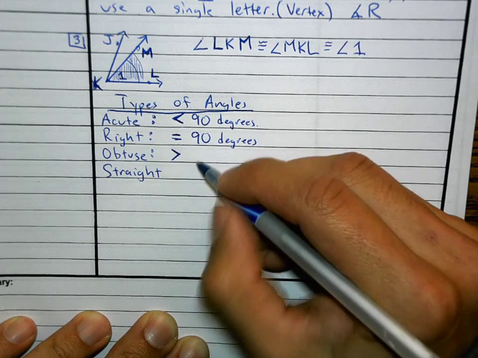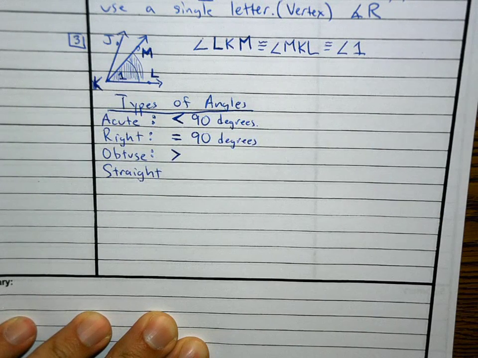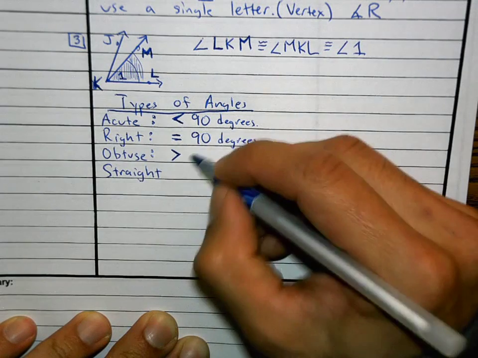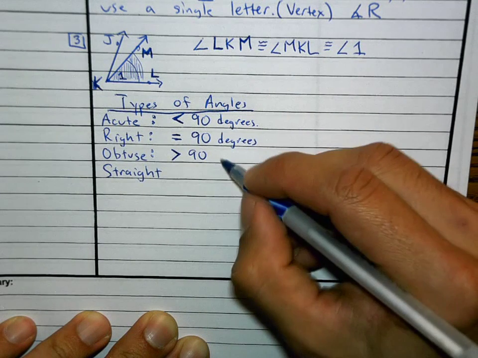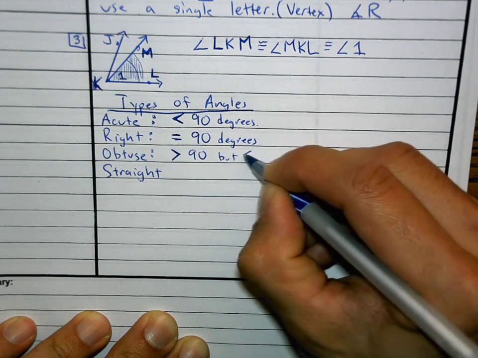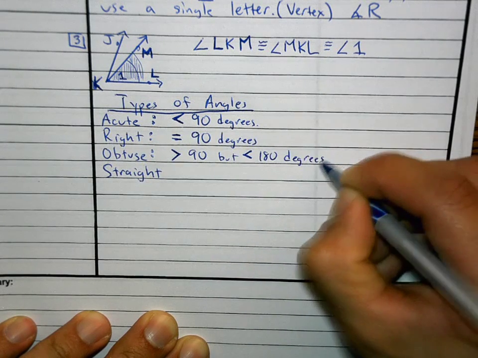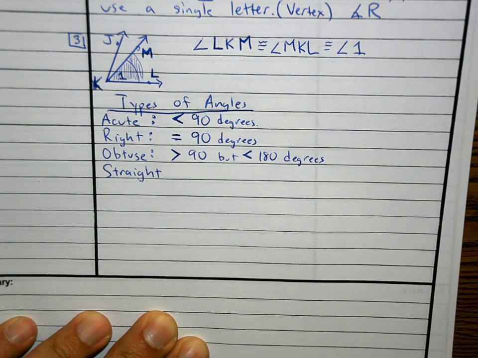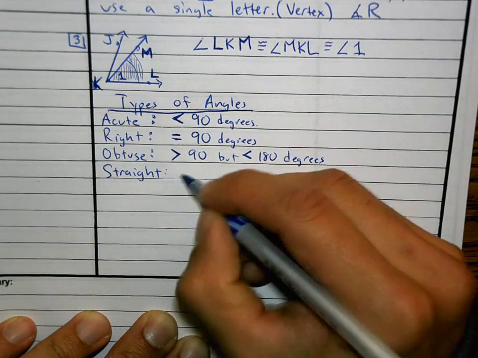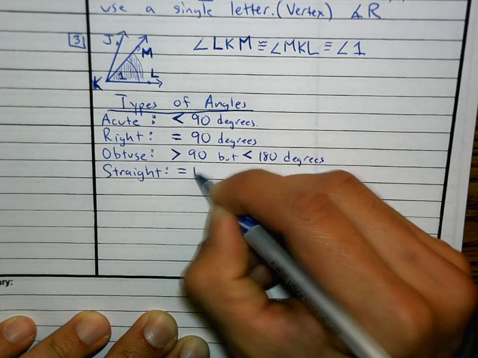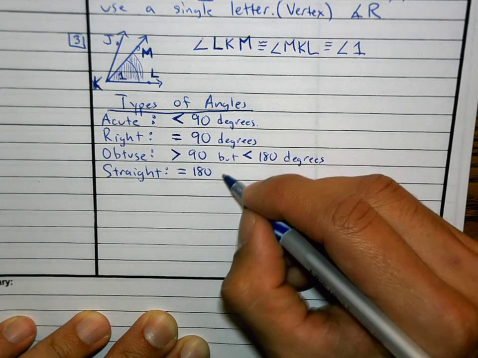Obtuse is greater than 90, but less than 180 degrees. There's an easier way to write that. I just should have written it a different way, but that's fine. And a straight angle is equal to 180 degrees.